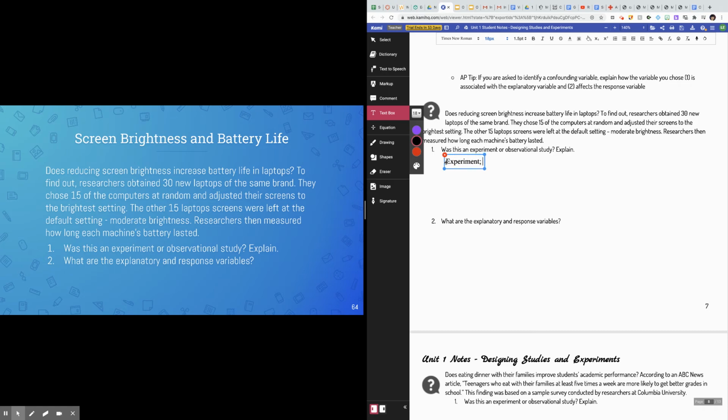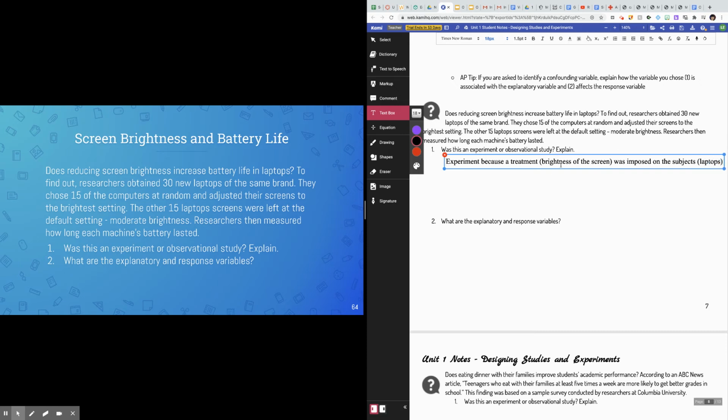It's an experiment because a treatment, which is the brightness of the screen, was imposed on the subjects. The treatment is a general description of what you decide to change as the scientist. And the subjects in this case were laptops.